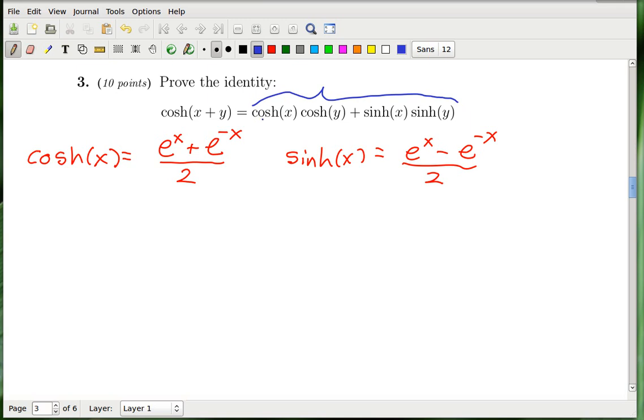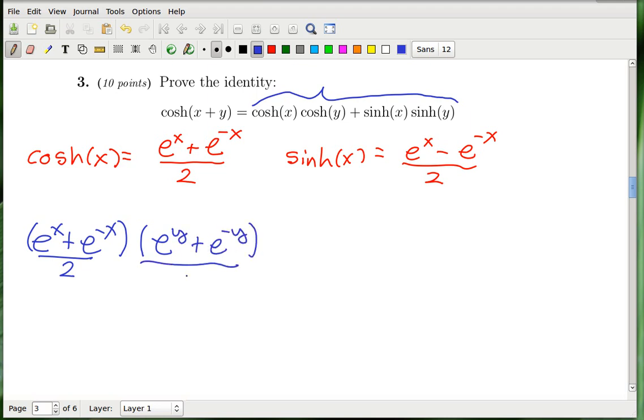So I need to write cosh x times cosh y. That is e to the x plus e to the minus x over 2. So that's one cosh, cosh x, and now let's multiply it times cosh y. So that's e to the y plus e to the minus y over 2. Plus, now let's do the second part.